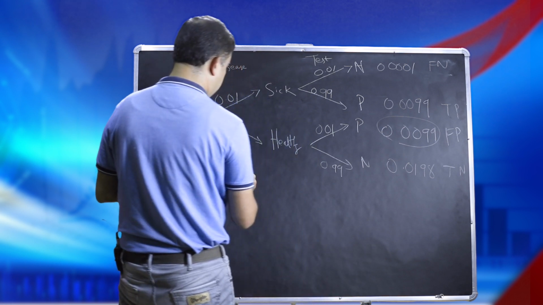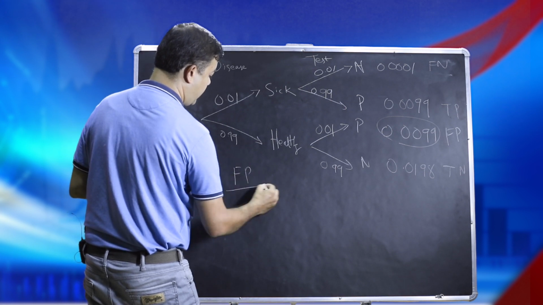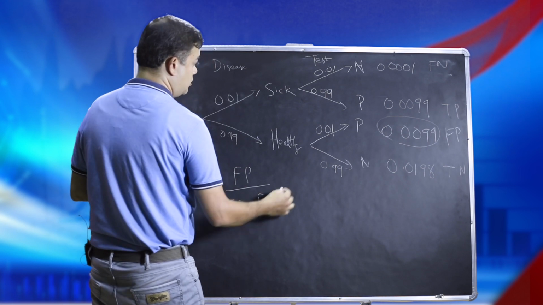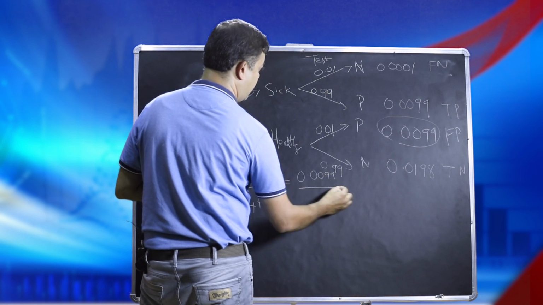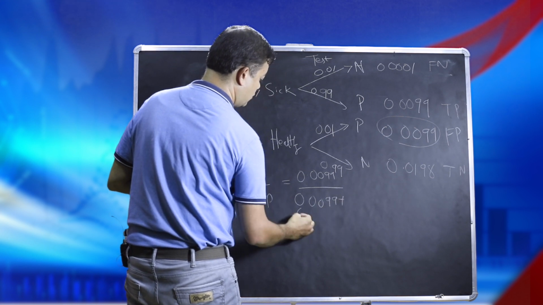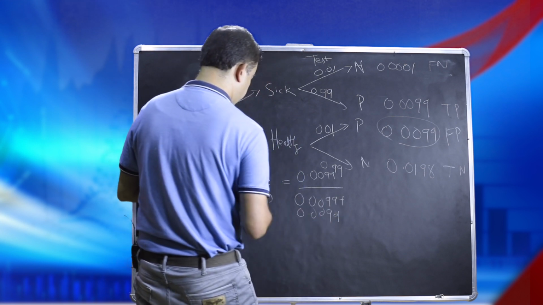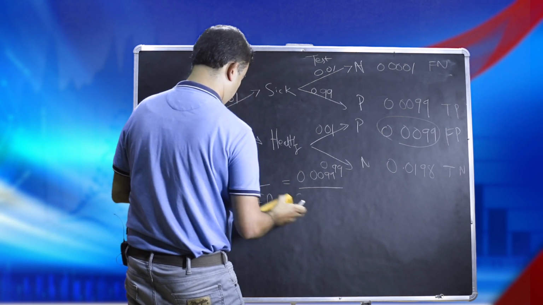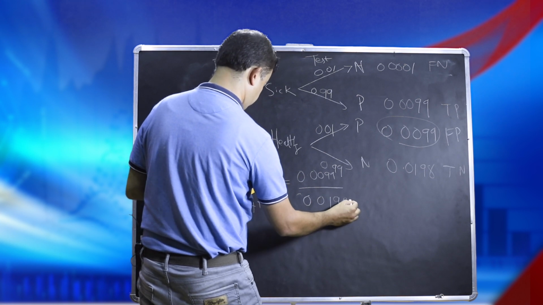Let us say the false positive fraction is Fp divided by Tp plus Fp. So that is basically 0.0099 divided by 0.0099 plus 0.0099. If you add these two values, you are going to get 0.0198.